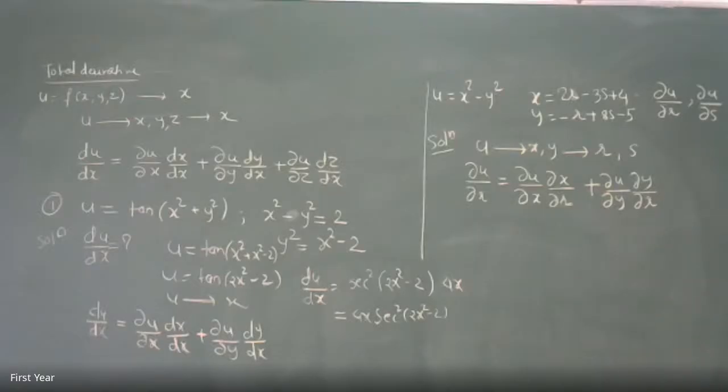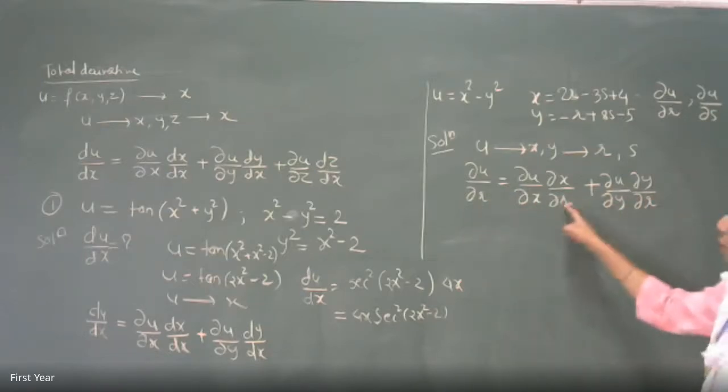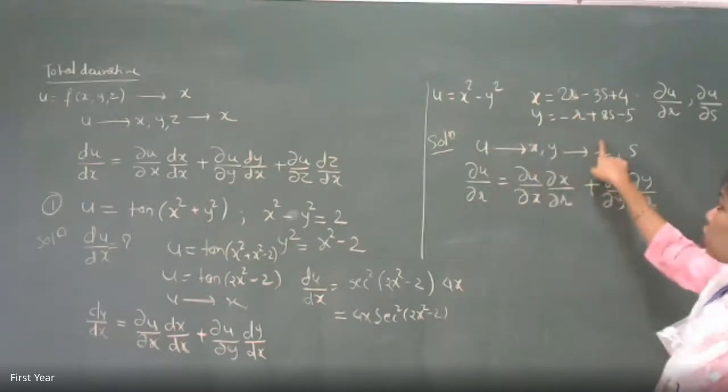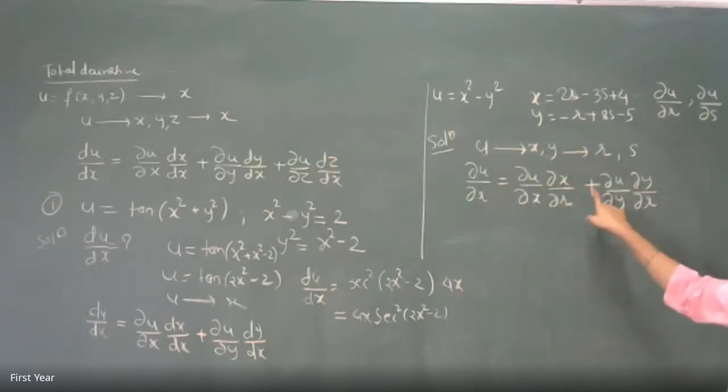Everybody said r, and that is the most important part, because where you go wrong is you write s here and then definitely you get some answer, but that answer won't be correct. So if I am differentiating with respect to r, every time the second variable should be r only. I can go from u to x and then x to r, or I can go from u to y and y to r. So this is plus in the middle, and multiplication within each term.